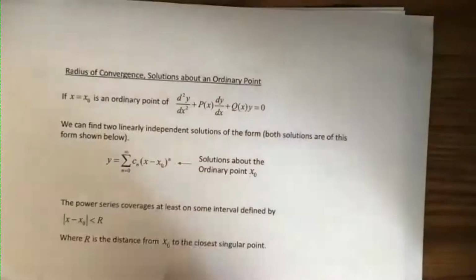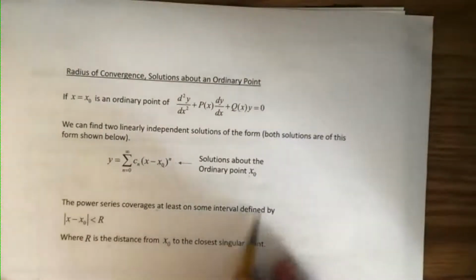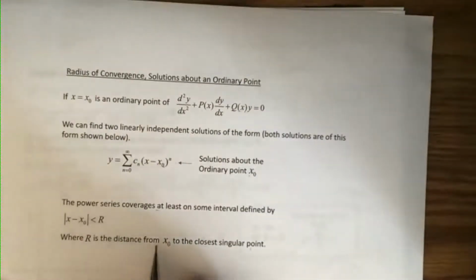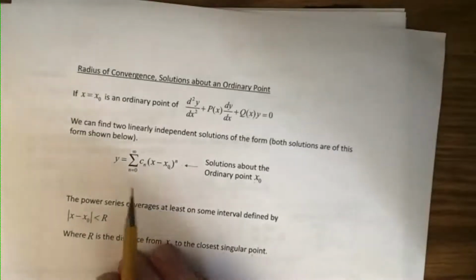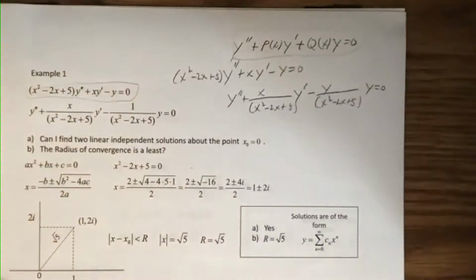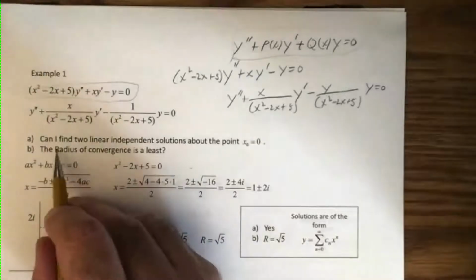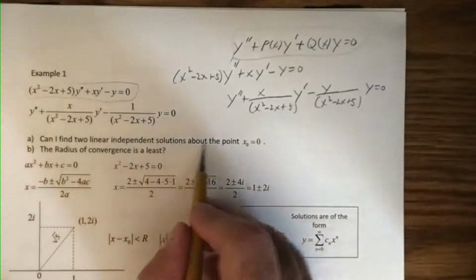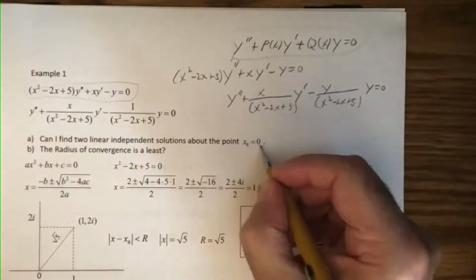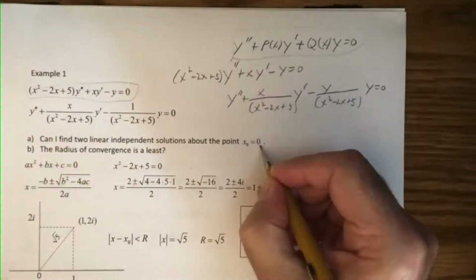Okay. So our rule now, let me go back, is that we're going to get a convergent series on some interval defined by this, where r is the distance from x sub 0 to the closest singular point. And this even works for imaginary points. So let's say we want to find two linearly independent solutions about the point x sub 0 equal to 0. So we want to find that distance.